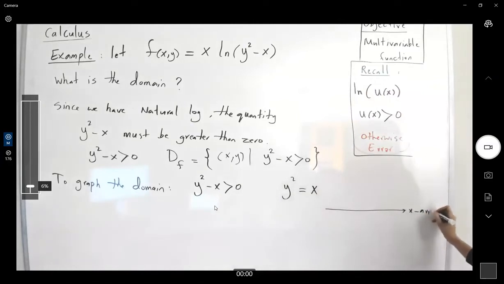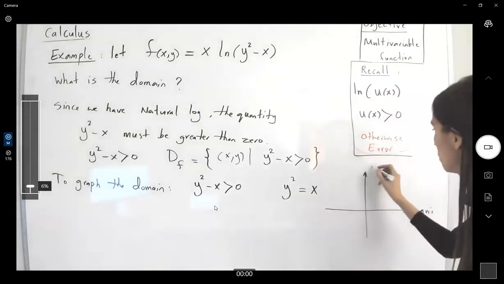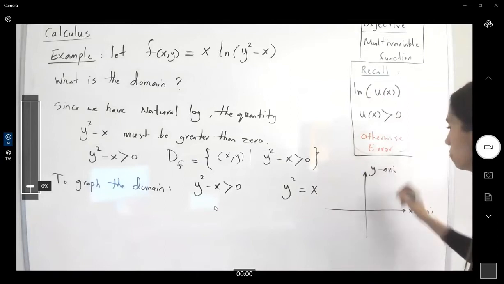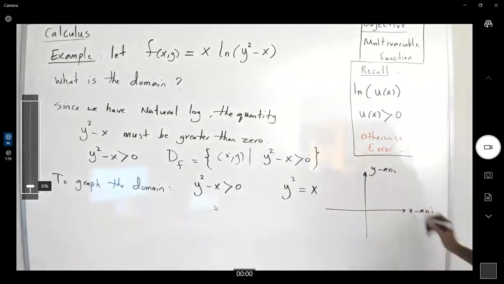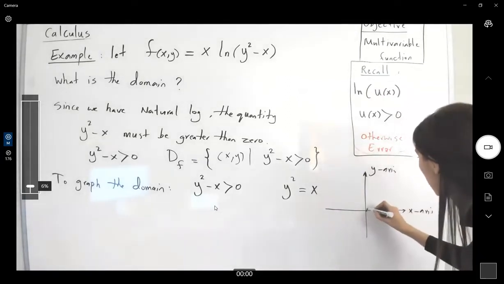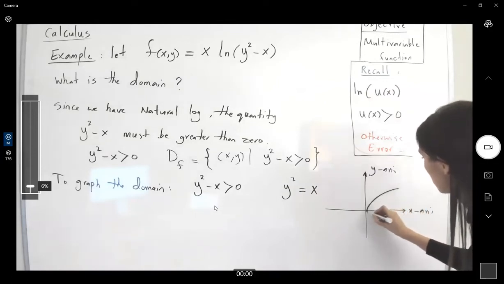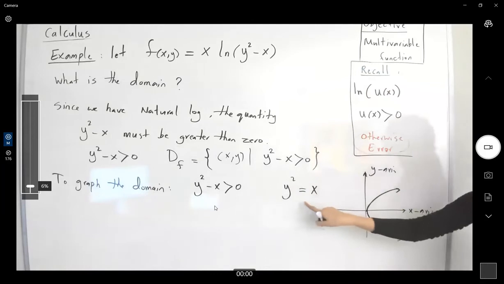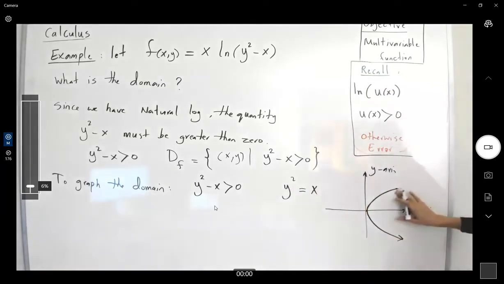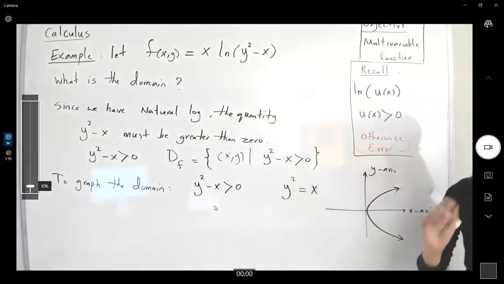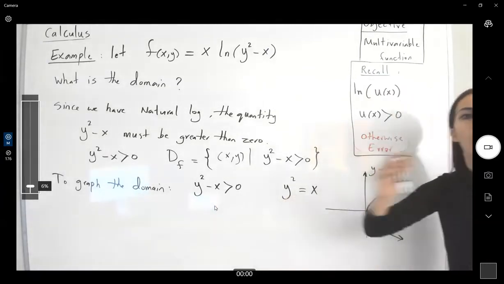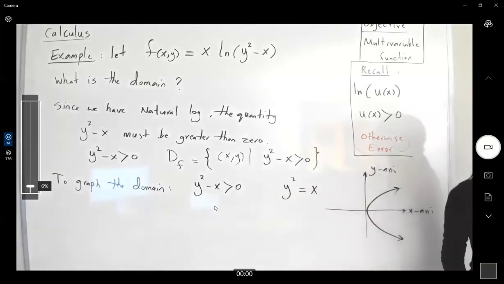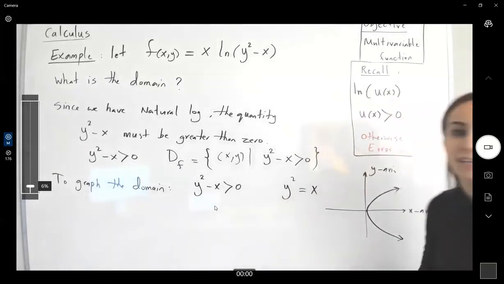You have the x-axis, you have the y-axis, and this is just this graph here. This is y squared equals x. Well, this says y squared minus x is always positive, or y squared is always greater than x.